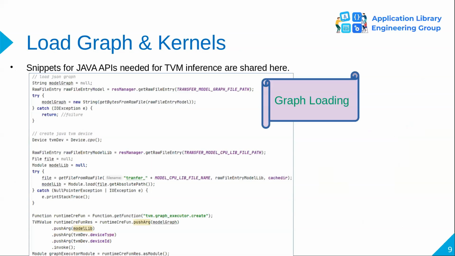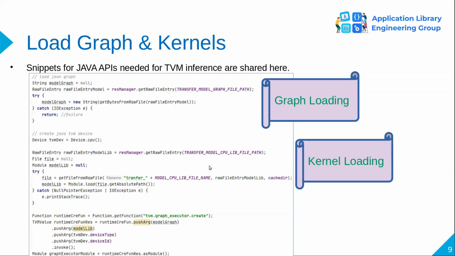Here, the first one is the model graph file, the JSON file I showed in the previous slide, being loaded in this section. Next, we need to load the kernel file, the lib.so file, which is loaded here.